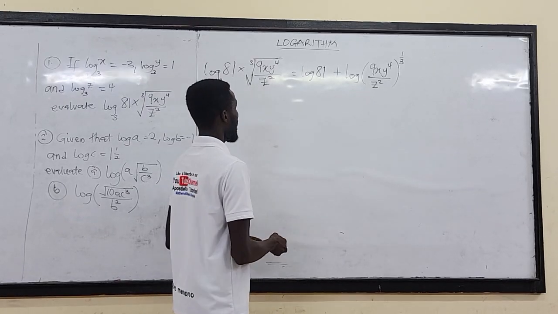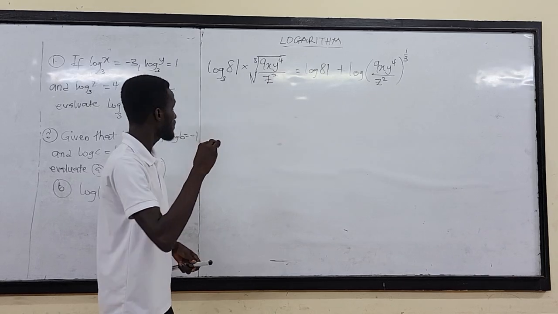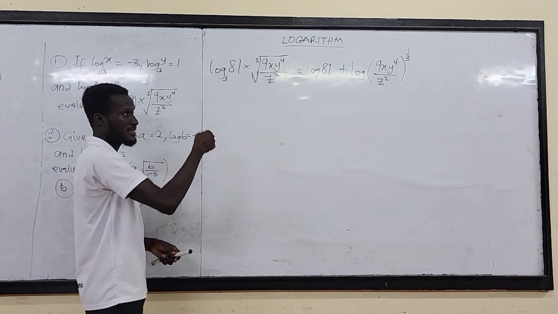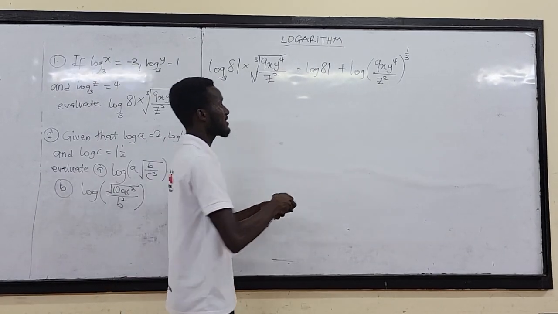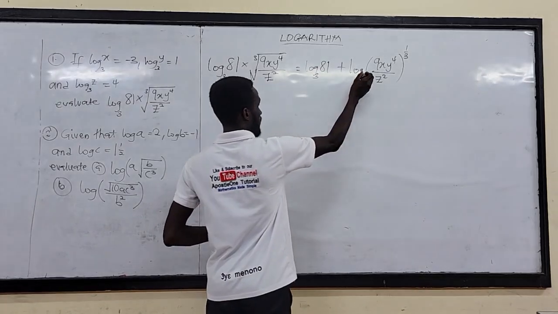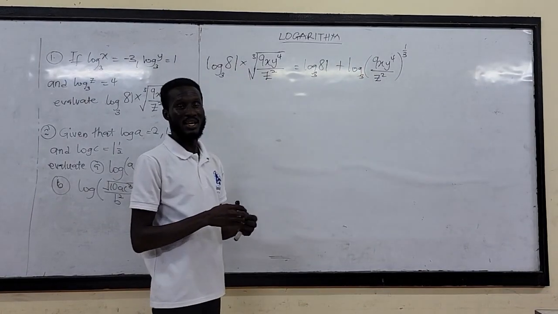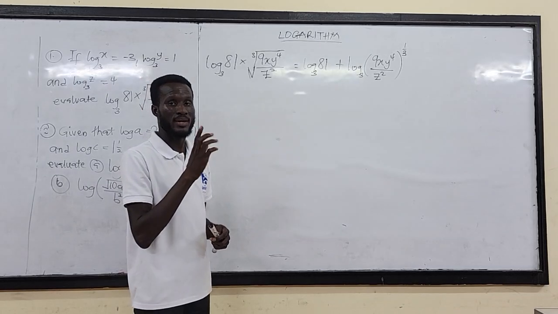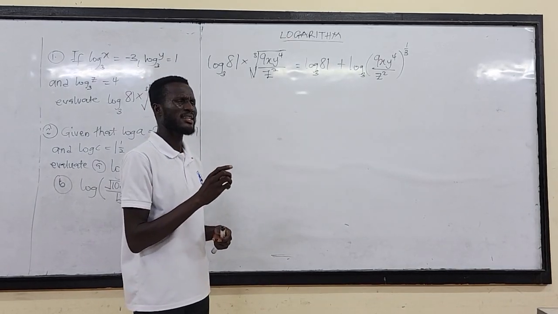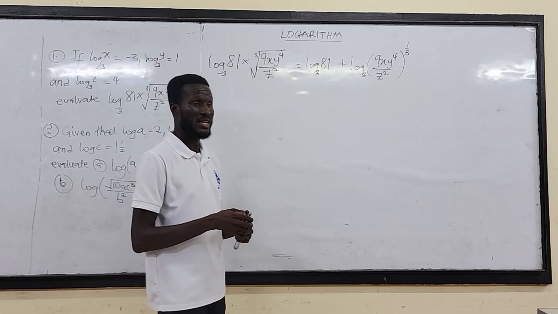Since I know that the base of this one is 3, I'm going to express 81 in the form of an index of base 3. 3 exponent 4 will give us 81.